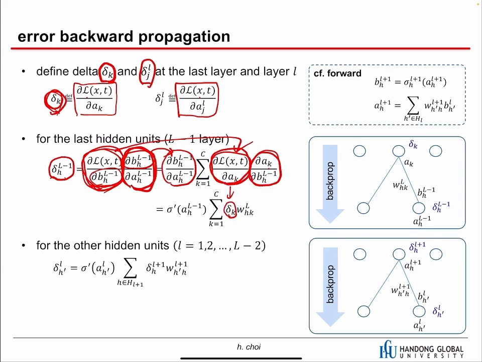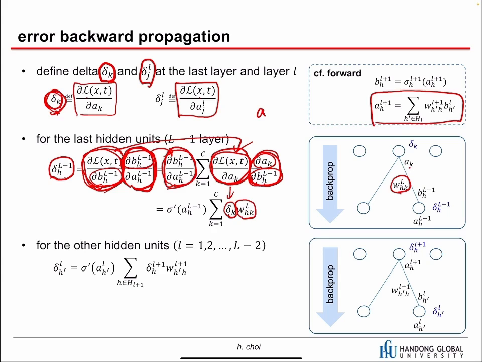And look at this one. We take the derivative of a sub k with respect to b sub h. A sub k is here. A sub k is the summation of weights times b sub h. If we take a derivative of this term with this one, then only this term will survive.